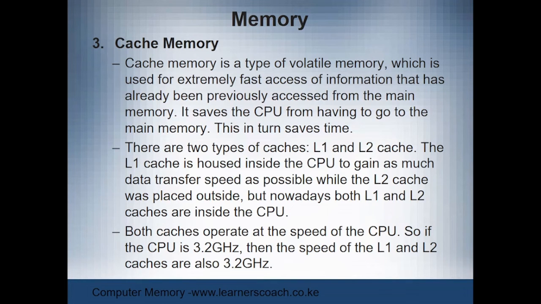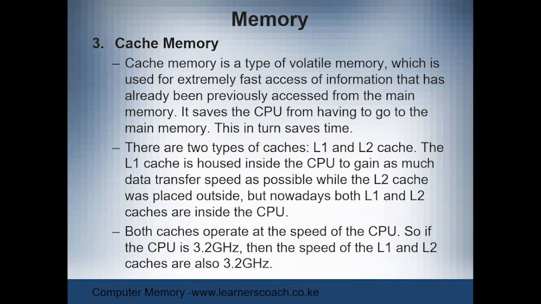So cache memory is a type of volatile memory. Volatile means it loses information, it's temporary, and it is used for extremely fast access to information, right? In most computers, you'll find that the cache comes in different forms. We can have one cache memory, two cache memories, even three. So the more the cache memory, the faster the processor, right?